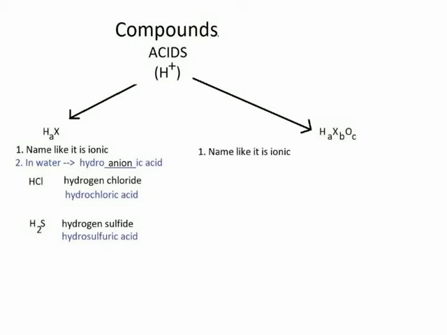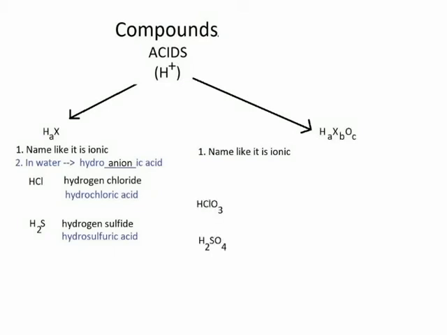The other kinds of acids that we run into are the oxyacids. By now, you should recognize that the oxyacids are hydrogen cations in some kind of complex ion. And again, you can name such compounds as if they were simply ionic compounds with hydrogen as the cation.